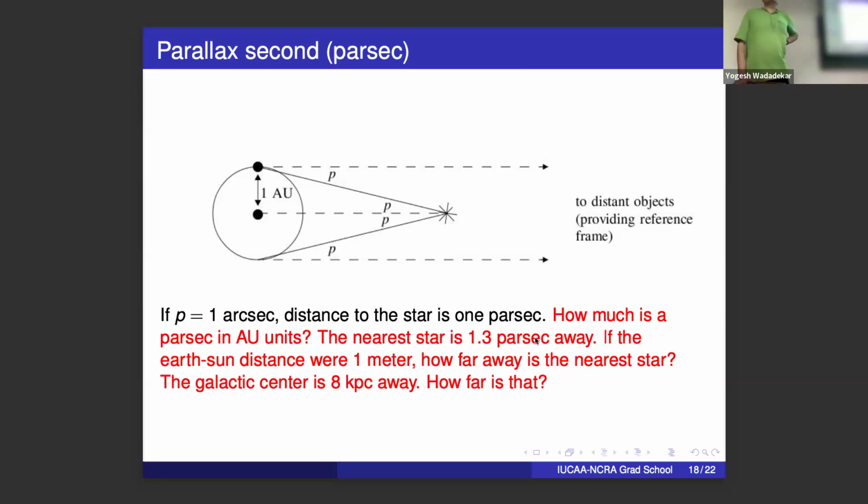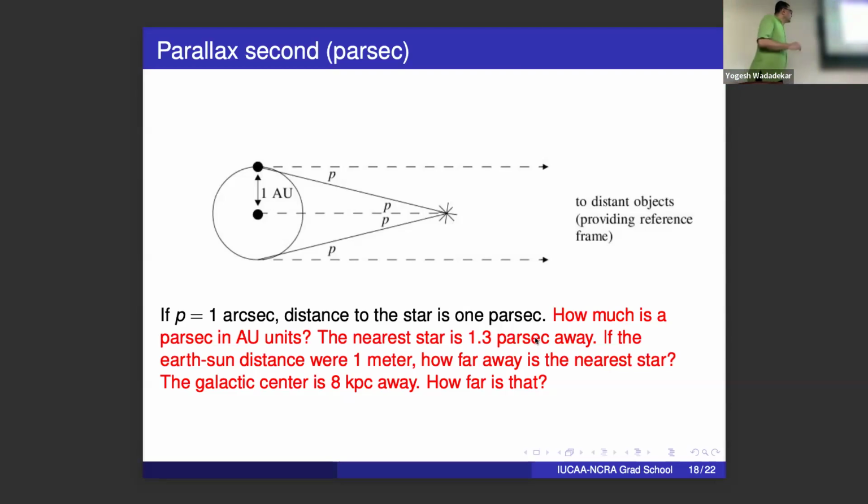So 1/3600th of a degree is an arc second. It's a very, very small quantity. If you take, for example, a tennis ball and put it on the moon, the angle that it will subtend will be approximately 1 arc second. It's a very small angle.